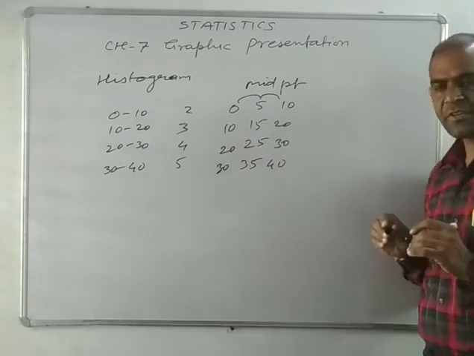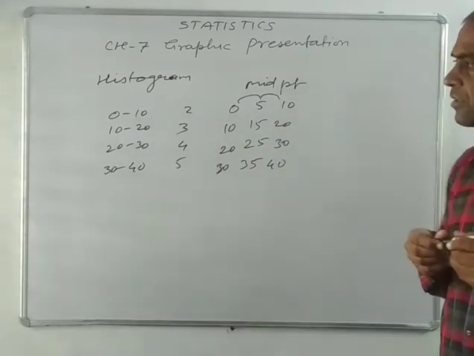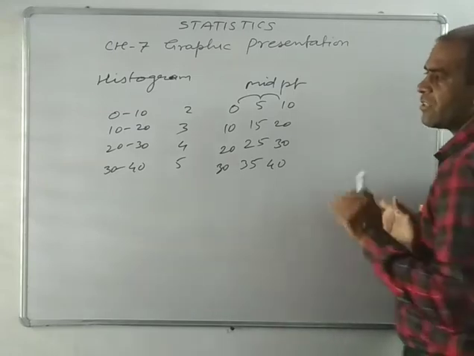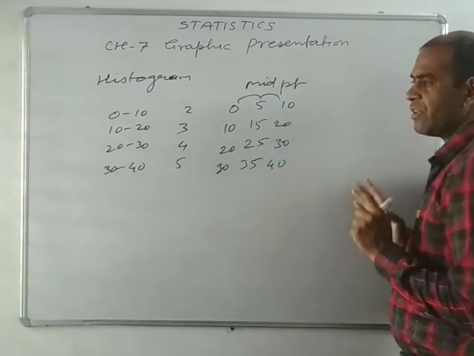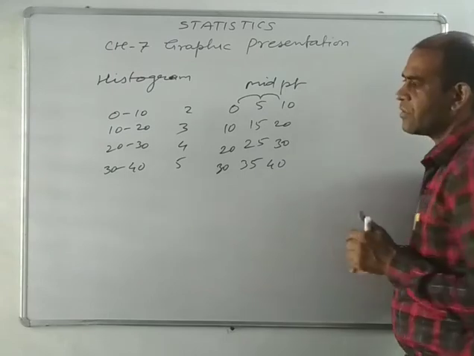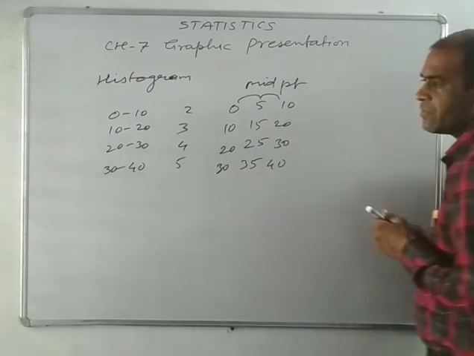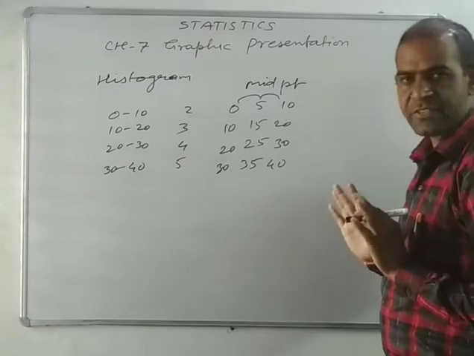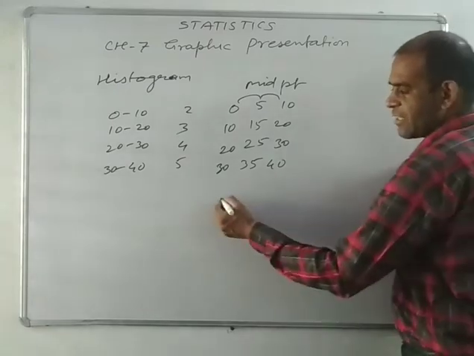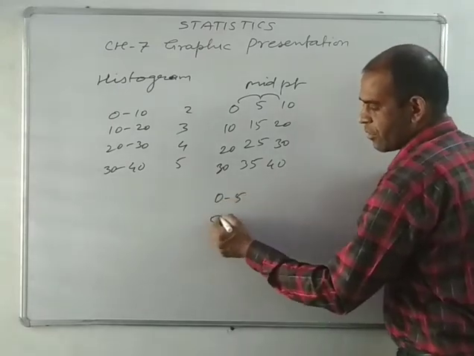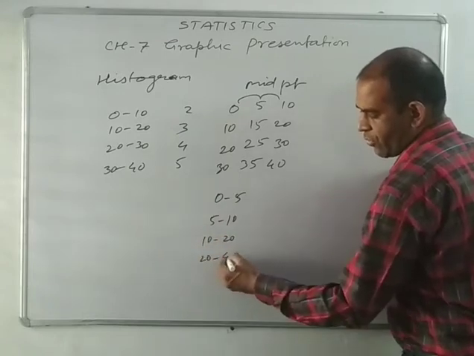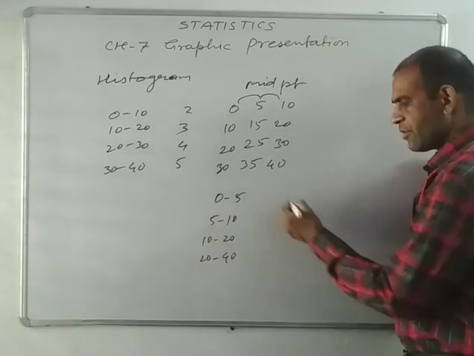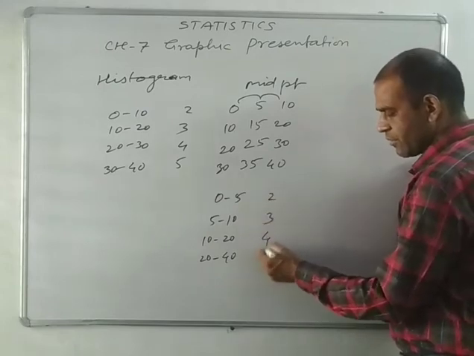These midpoints are given. So there are three types of data given: continuous, midpoint and with the equal class size. And the next type is unequal class width. The data are given in this way: 0 to 5, 5 to 10, 10 to 20, 20 to 40, and frequencies are given for this.